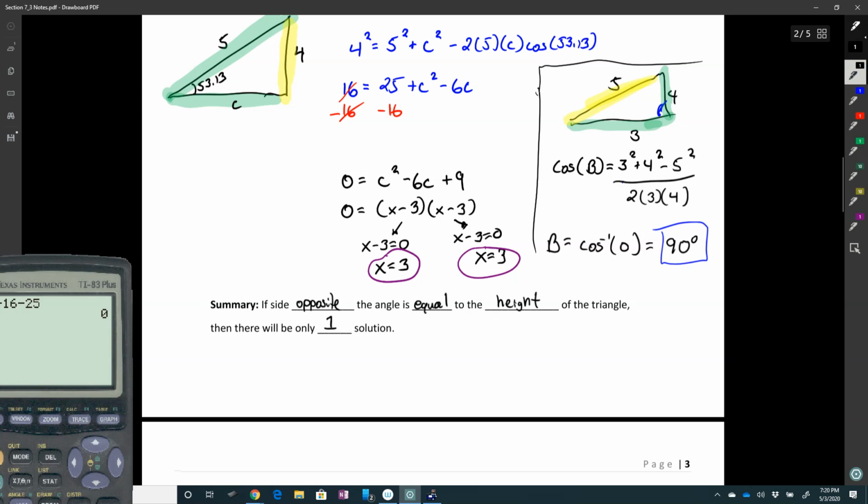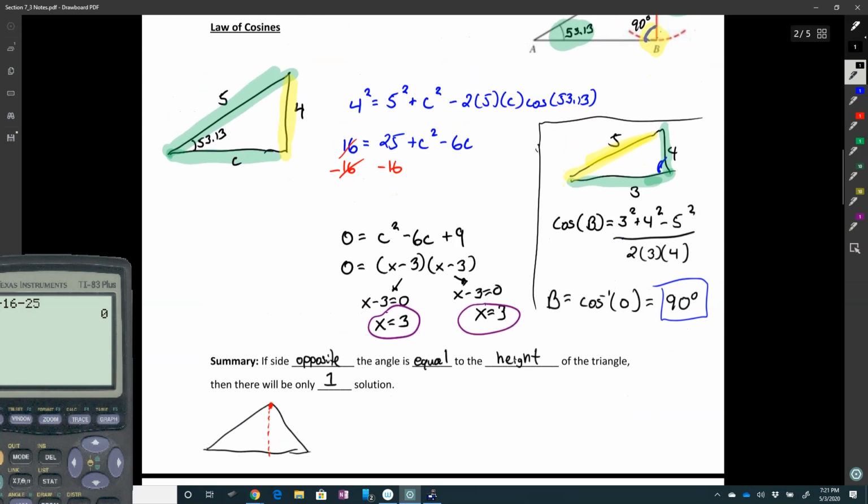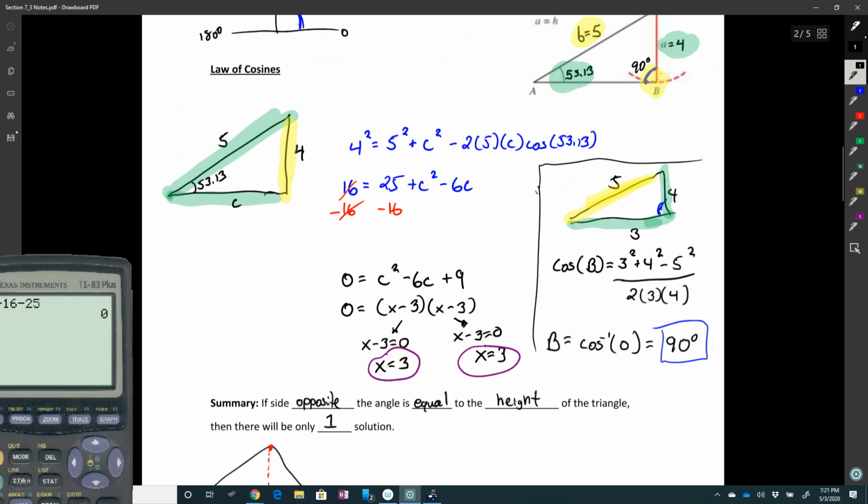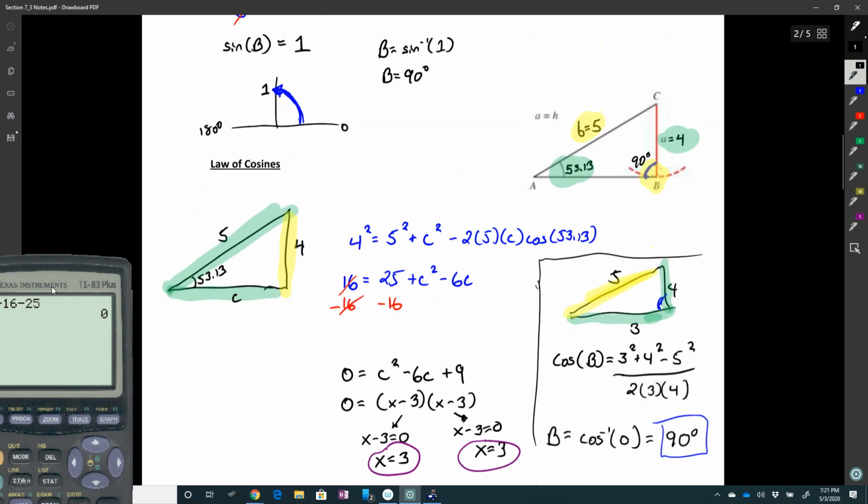The height of a triangle is the distance from the angle to the opposite side, and the line has to make a 90-degree angle with it. So if you have a generic triangle, the height is that. Cool. In this case, though, if the other side equals it, then you have a 90-degree triangle.